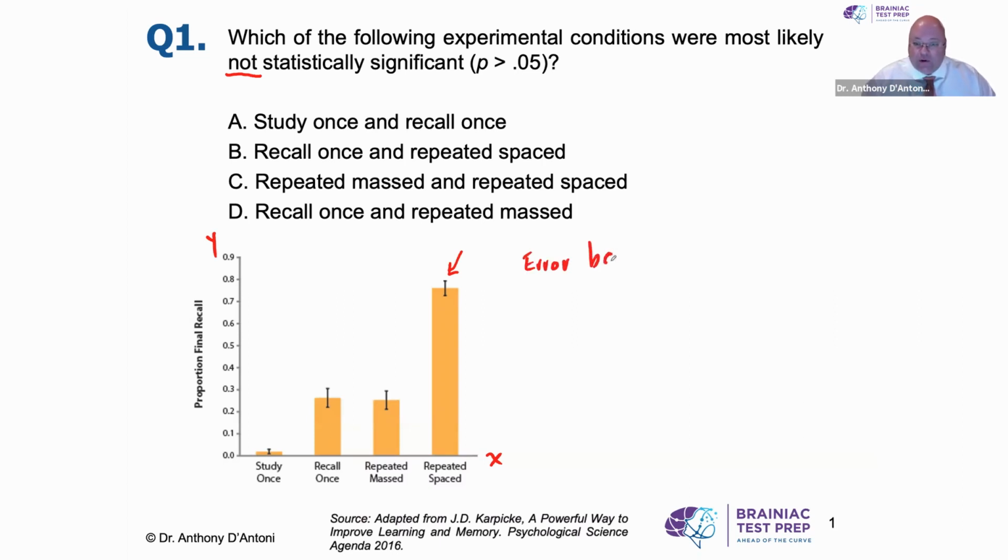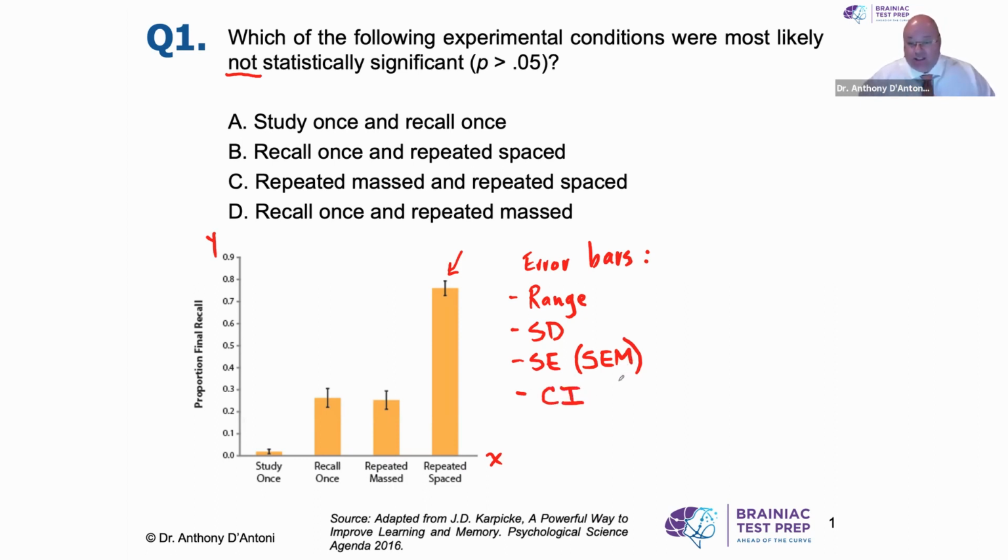What are the 4 types of error bars? There is range. There is standard deviation. There is standard error, which is also sometimes called standard error of the mean. And then there are confidence intervals.